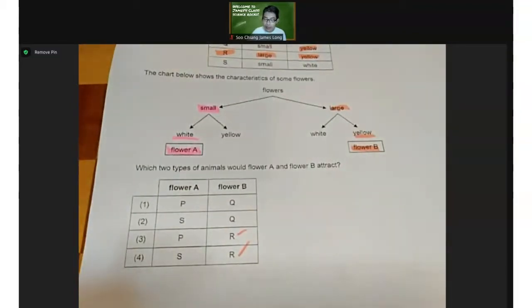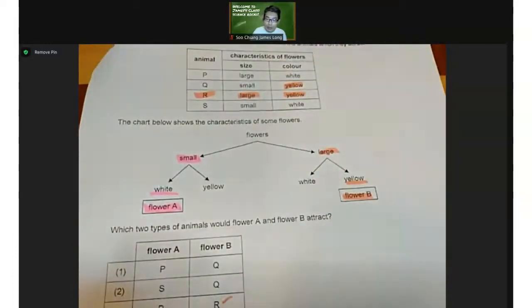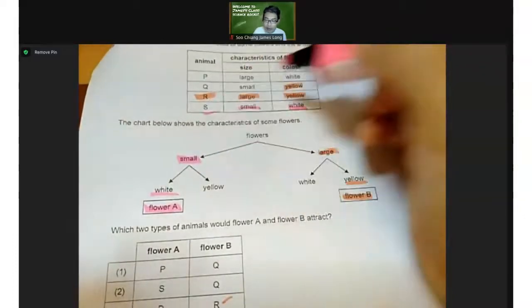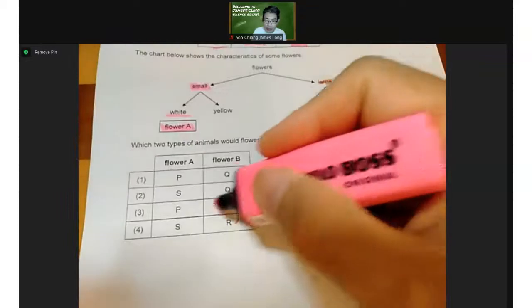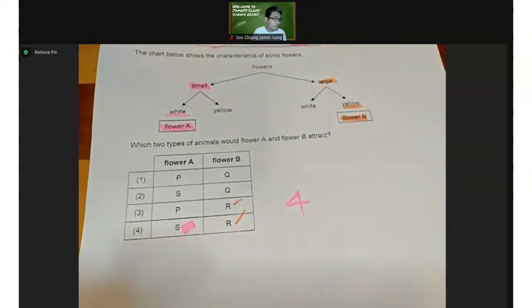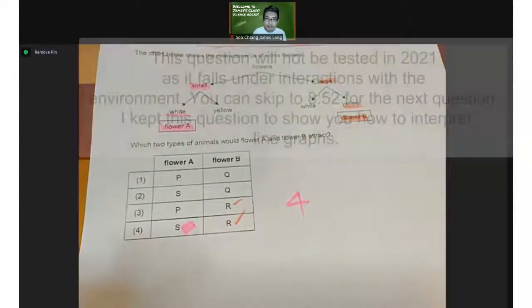How about flower A? It is small and white. Let's look at small and white. So small and white attract animal S. That will be this option. Answer is 4. Let's go to the next question now.